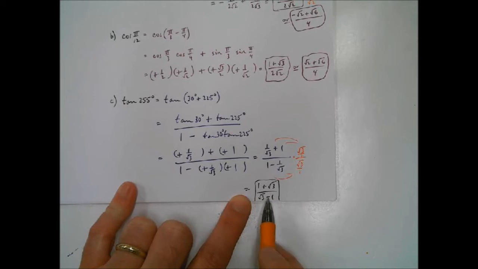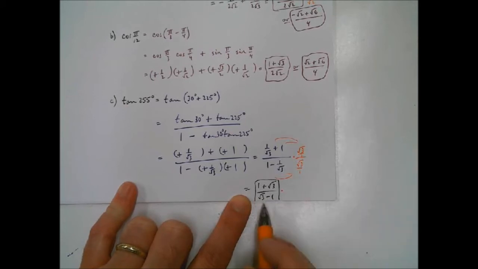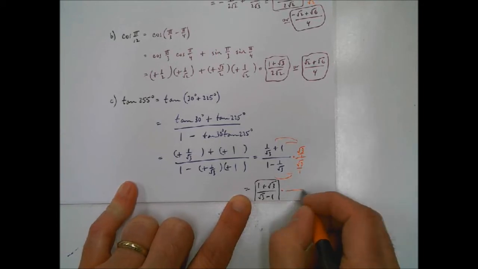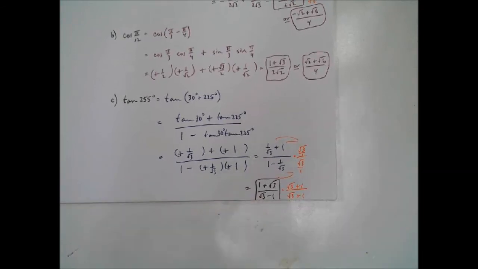You're still going to have a radical in the denominator. So think of the conjugate of the denominator. When you have root 3 minus 1, the conjugate is root 3 plus 1, and then you have to multiply the top by the exact same thing because we're multiplying by 1.